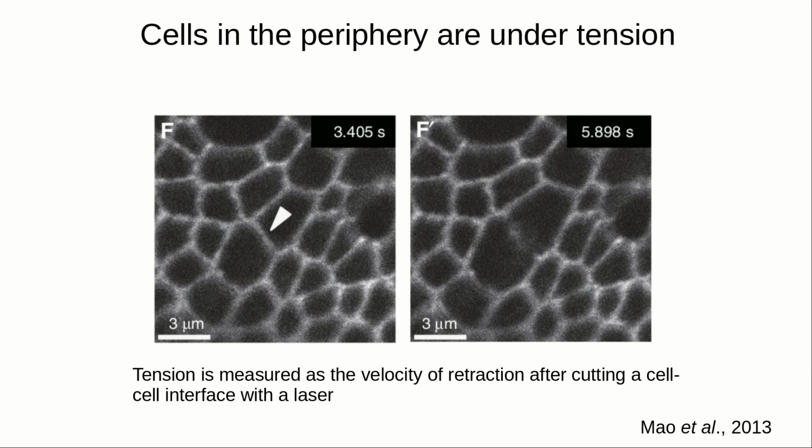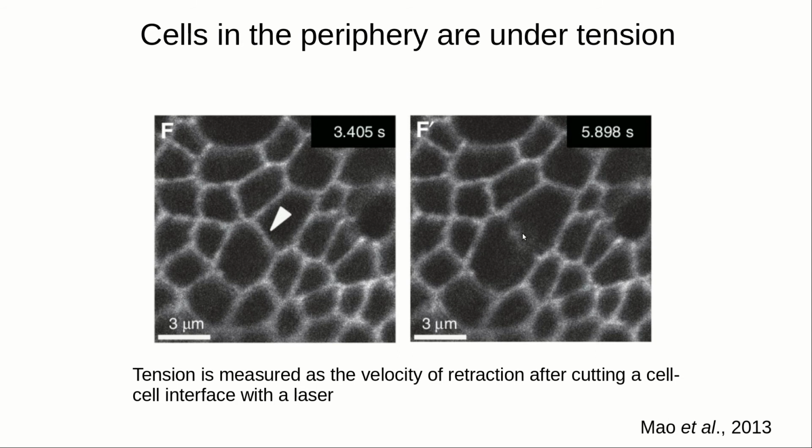Okay, so in order to test for these different stresses in different cells, they perform laser ablation experiments in which they cut cell junctions and then they measure retraction of the surrounding tissue. So, as you can see in the second picture, this surrounding tissue has retracted.